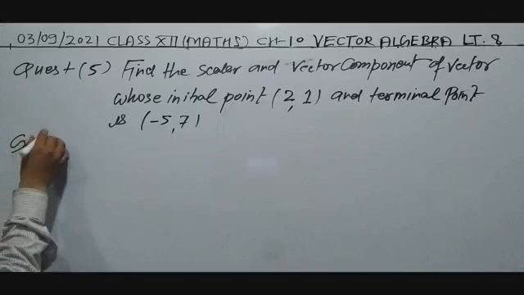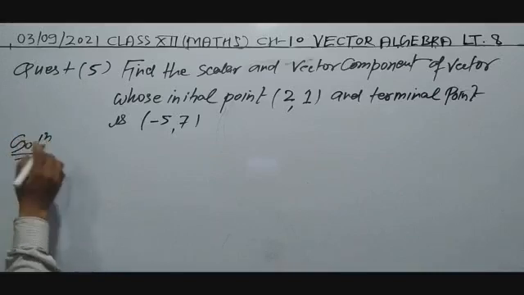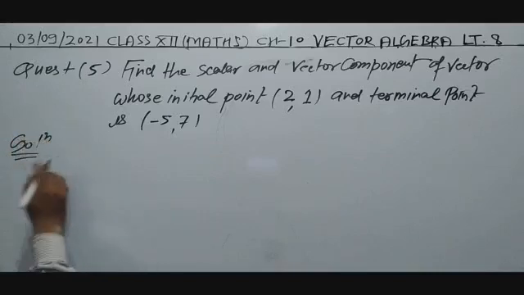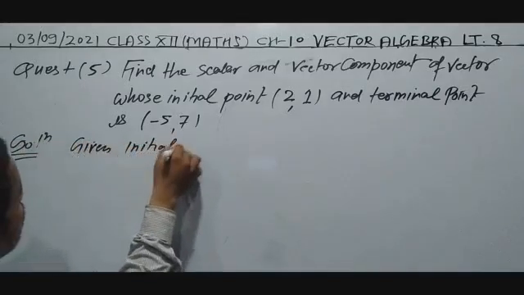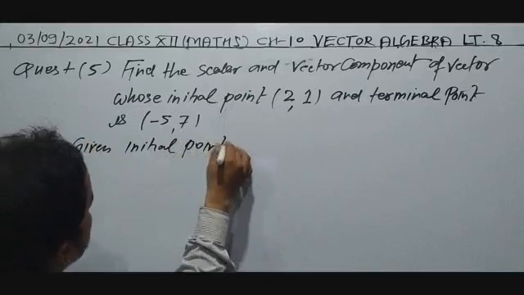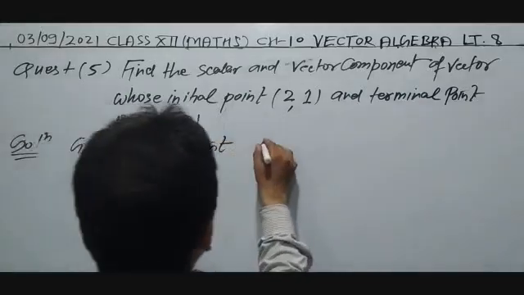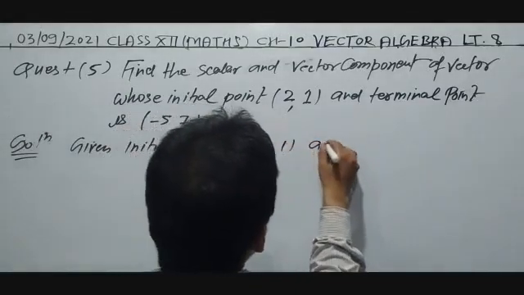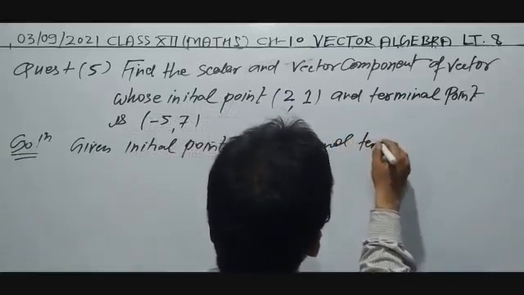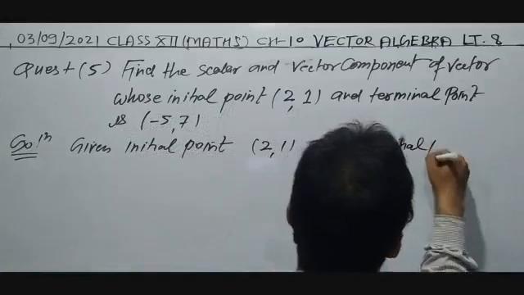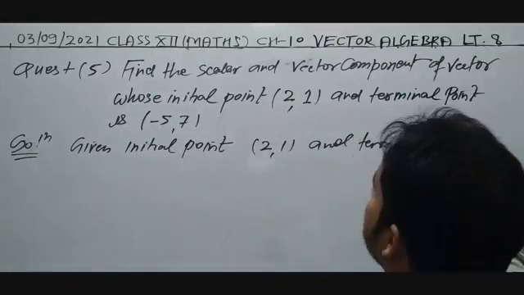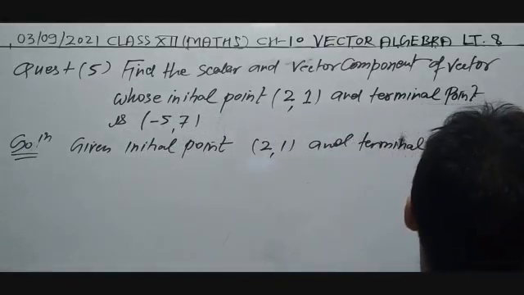So the solution. Given initial point, that is (2, 1), and terminal point, that is (-5, 7).